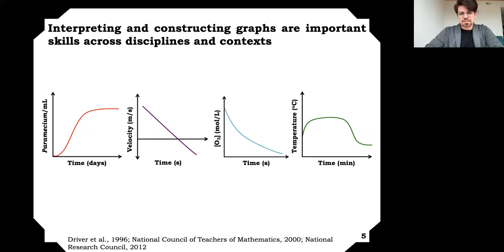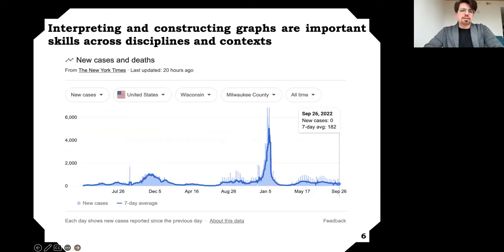And we want students to be able to make trends and reason about the processes that we're modeling with these graphs. Not just so that they can do well in a class, but also so that they can engage more broadly beyond their courses with public health issues and a broader social context.